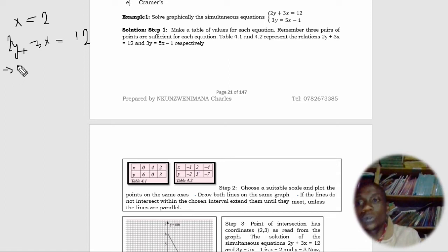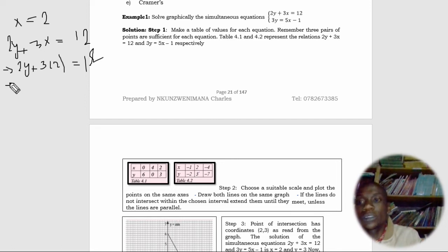This implies 2y plus 3 times x. X now is equal to 2, which is equal to 12.